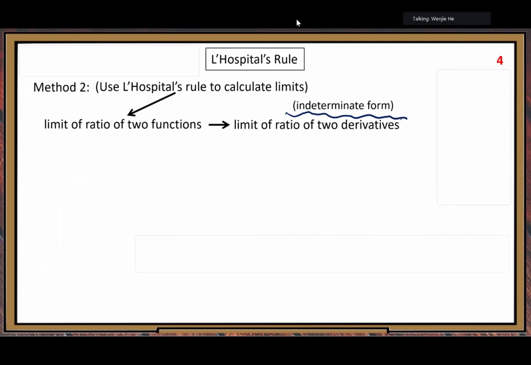Indeterminate means cannot be determined. The form can take values of different types, and before the calculation, we cannot determine which type it is. Here, I'll give you some examples. So what is indeterminate? For example, here, an example.